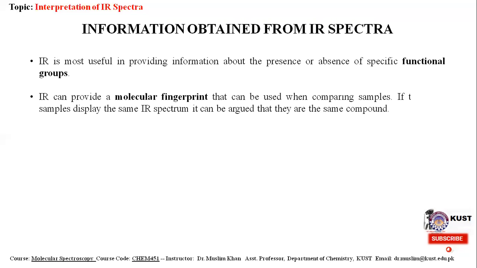Infrared spectra can provide a molecular fingerprint that can be used when comparing samples. If two pure samples display the same IR spectrum, it can be argued that they are the same compound. It means they give you the same fingerprint, so they are the same compound.